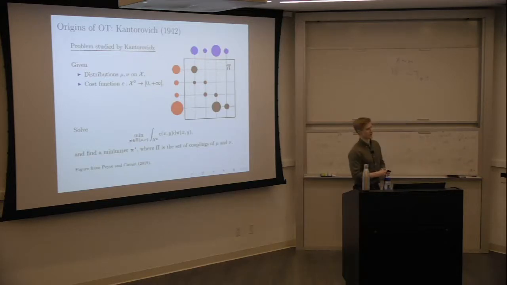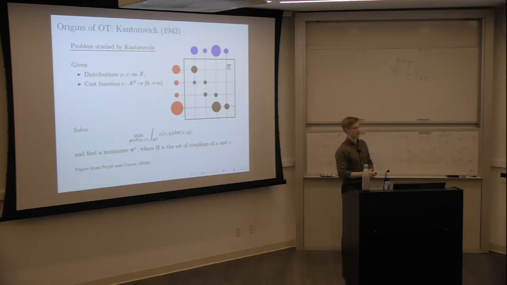For example, here, this joint distribution pi says that some of this mass at the point y gets sent, say 50% of it gets sent to this location, another 50% gets sent to this location, right? And we can represent this by a probability distribution, where probabilities describe the fractions of mass at one location getting sent to another. Yeah?